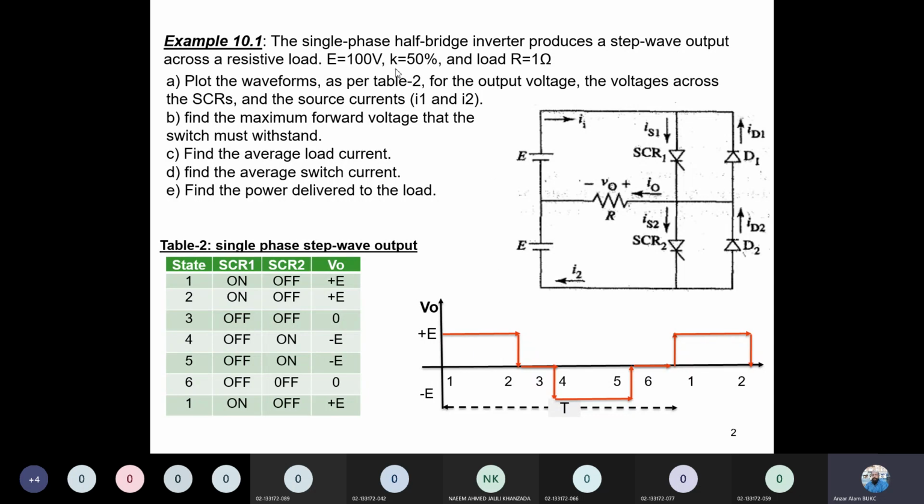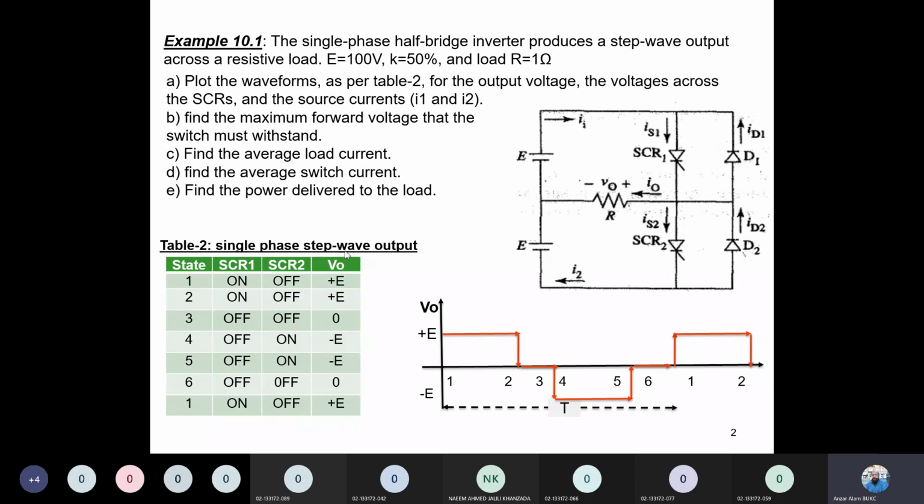K means ये शायद बुक में उन्होंने D दिया होता है, I replace it by K. K means duty cycle and 50%. Means ये जो ऑन और ऑफ हो रहा है वो स्विच वो 50% पे हो and load is equal to 1 ohm. पहले आपको क्या करना है, प्लॉट द वेव फॉर्म्स एज पर टेबल 2.